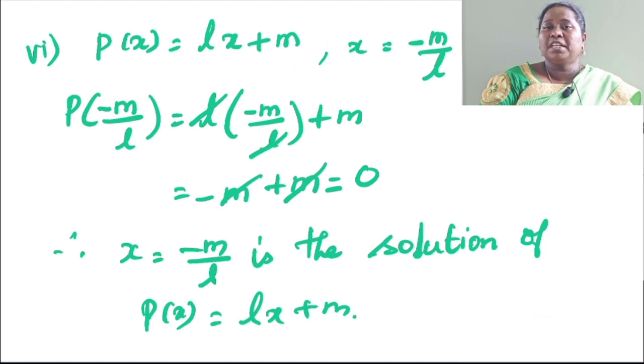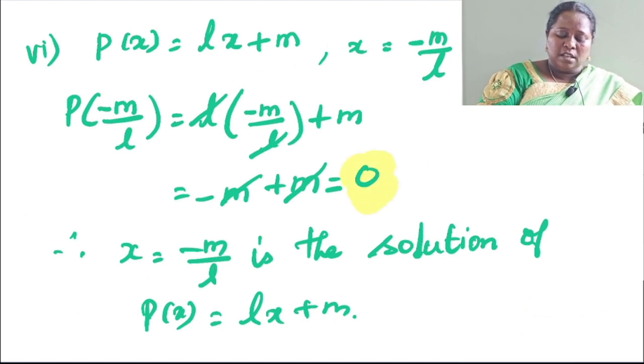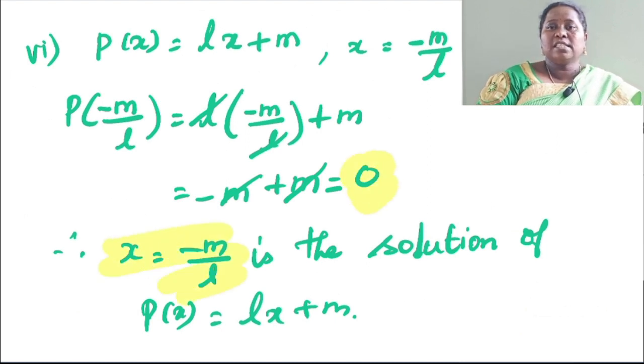The L in the numerator and denominator will get cancelled. Then minus m plus m is equal to 0. If the final answer is 0, then x is equal to minus m by L is the solution of the polynomial p of x is equal to Lx plus m.